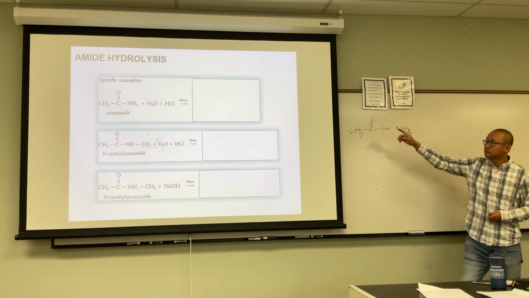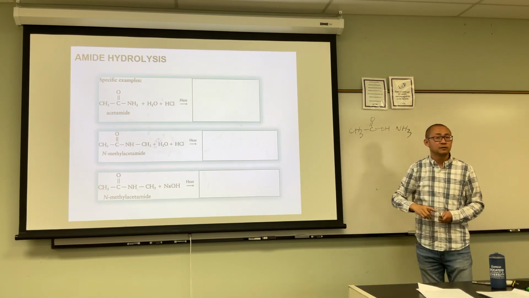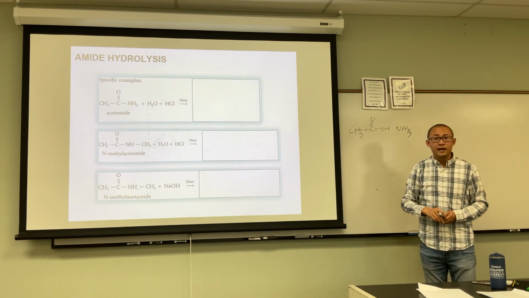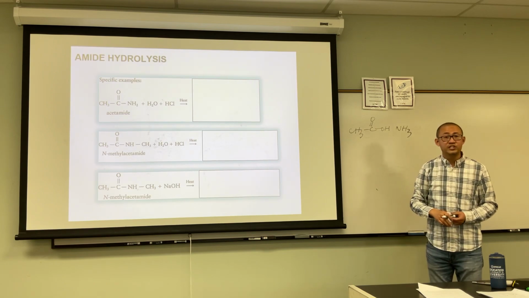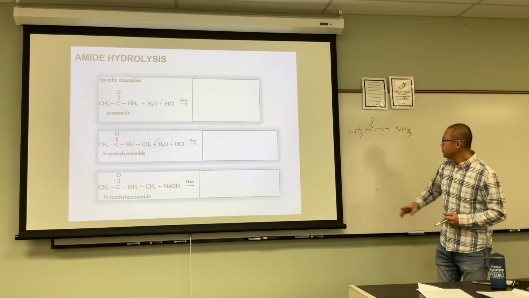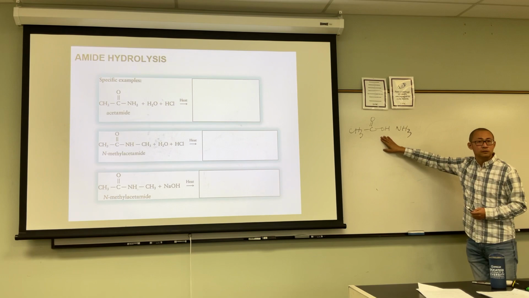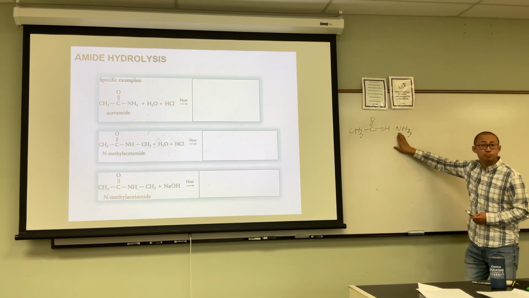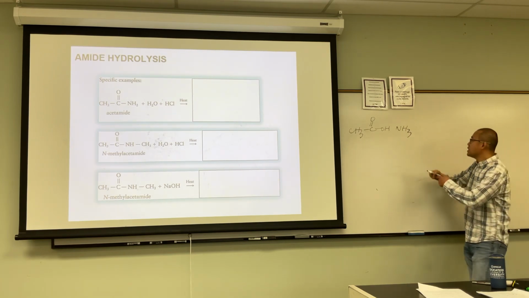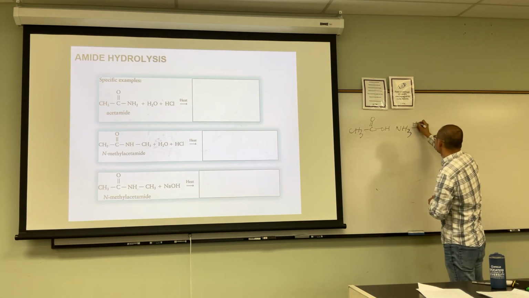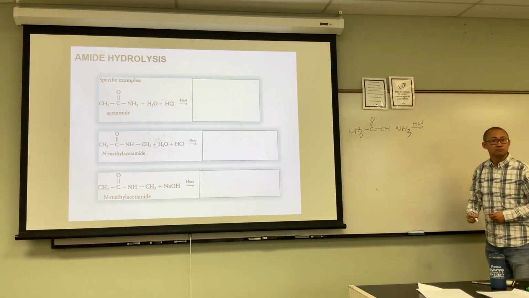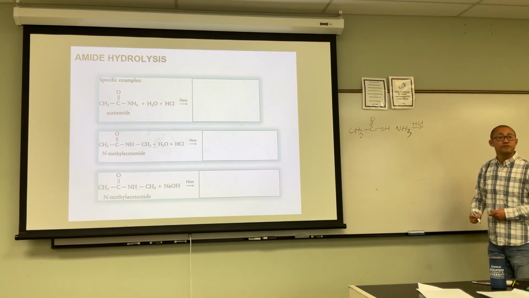And then take a look at the condition. It says what? HCl, which is an acid. Then the base product will keep reacting with that acid to give you a salt.